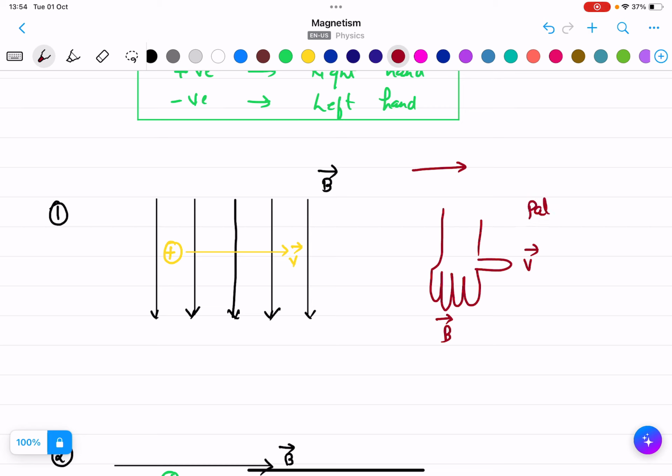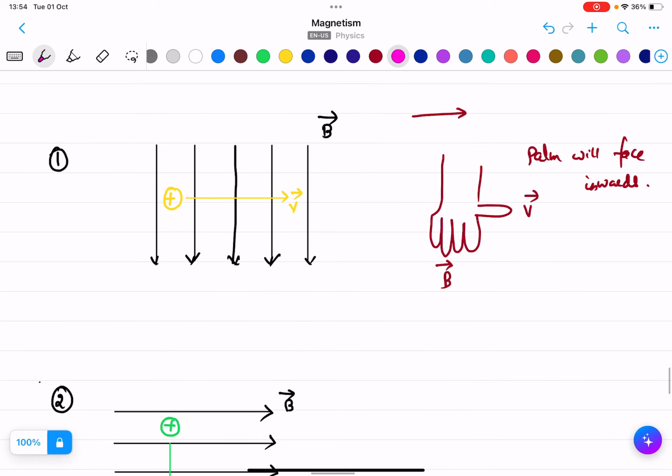If the palm is facing inwards, that means the force is into the plane.